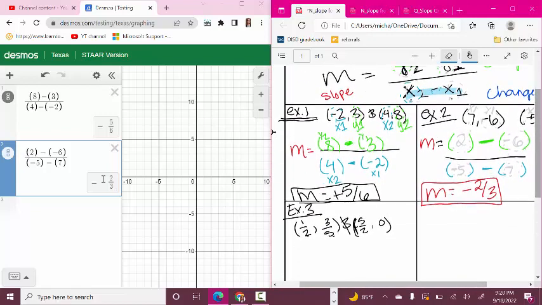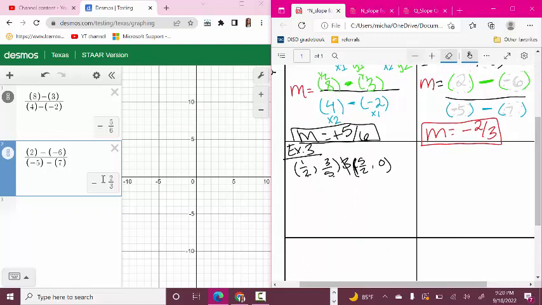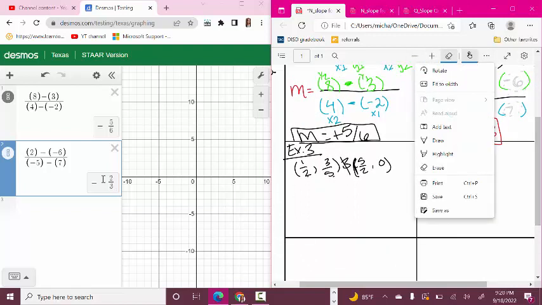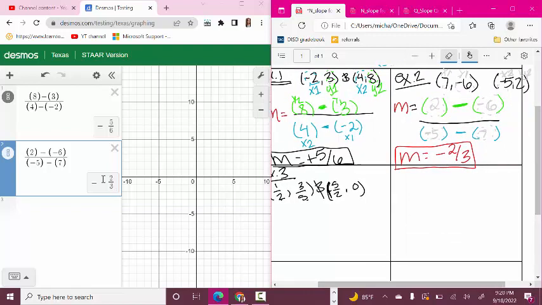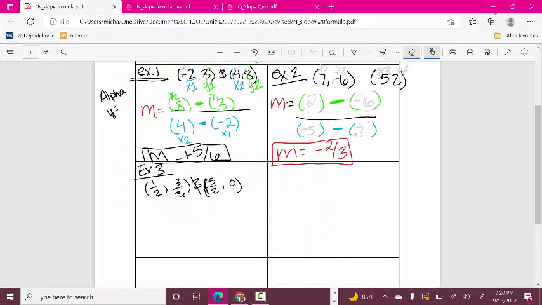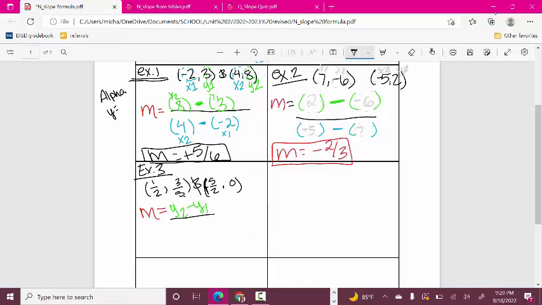Okay, looking at the example we had with the fractions, again, we're just going to set up the formula. We know that m is supposed to equal y2 minus y1... m equals the difference in the two y values, so y2 minus y1, over the difference in the two x values, so x2 minus x1.